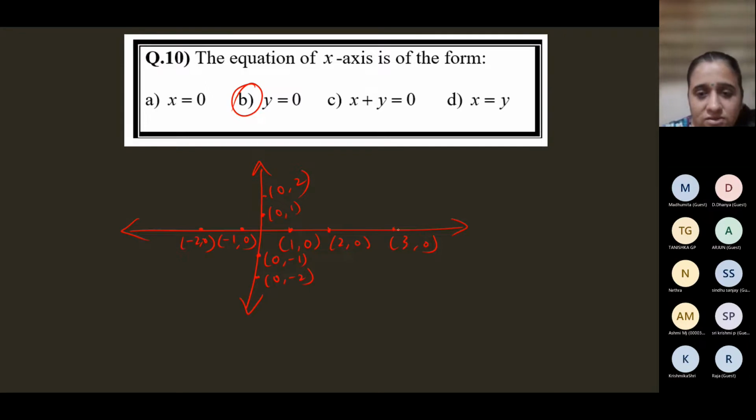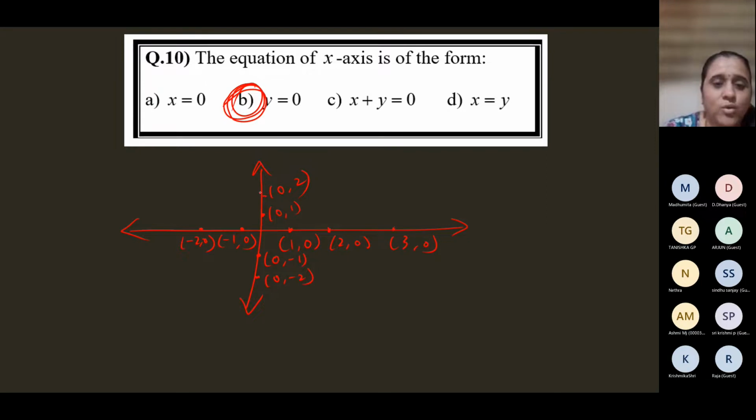On the x-axis, the y coordinate is always 0. So y is equal to 0 is the equation of the x-axis.